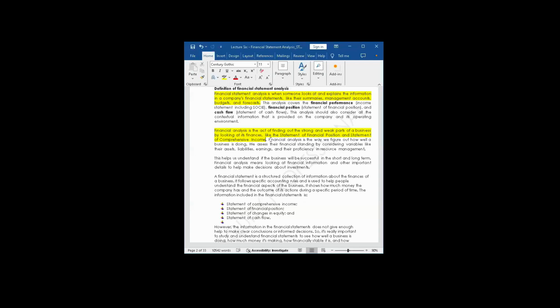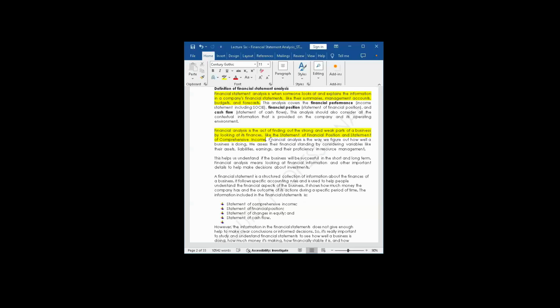Maybe in another analysis, we notice a decline in the expenses of the organization. And that is a strength. It means they have been able to tame their expenses, to control their expenses, to manage their expenses.